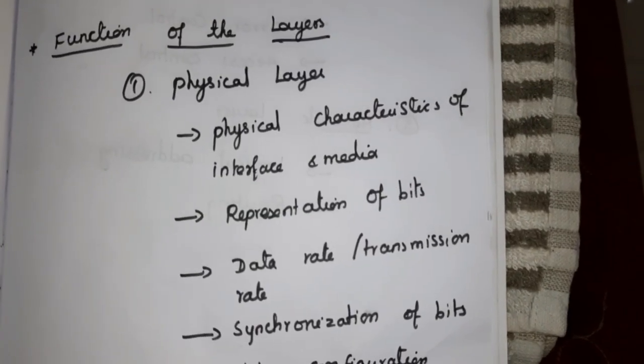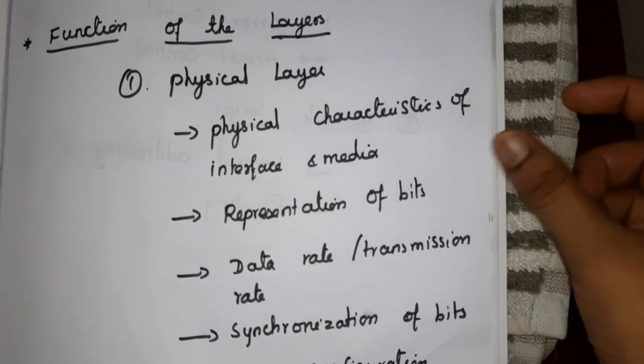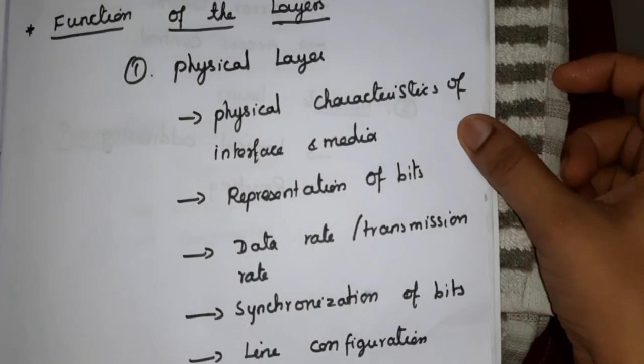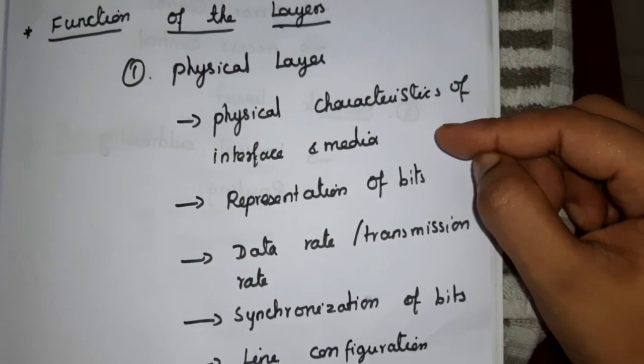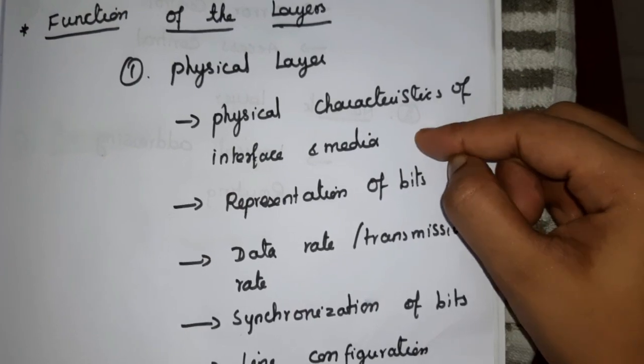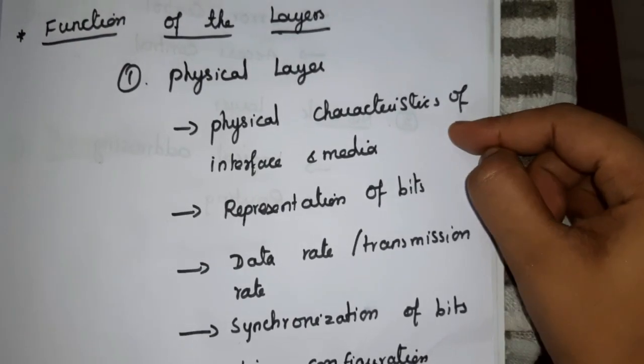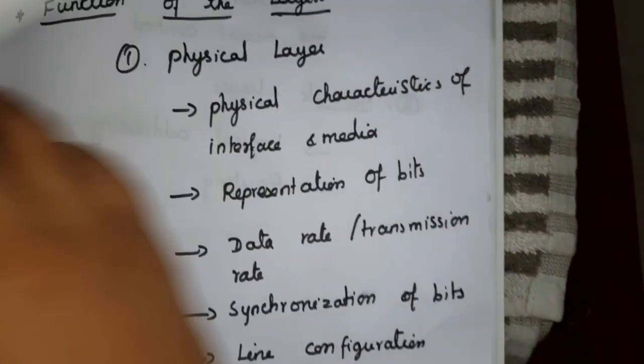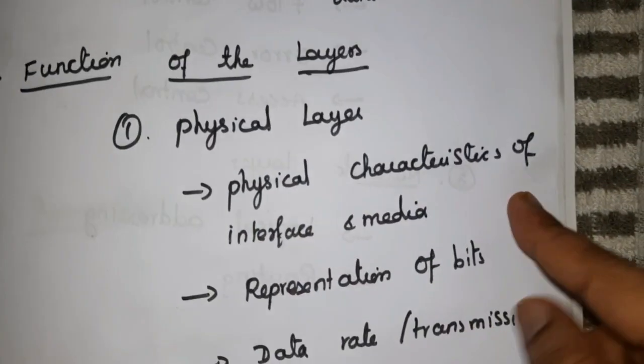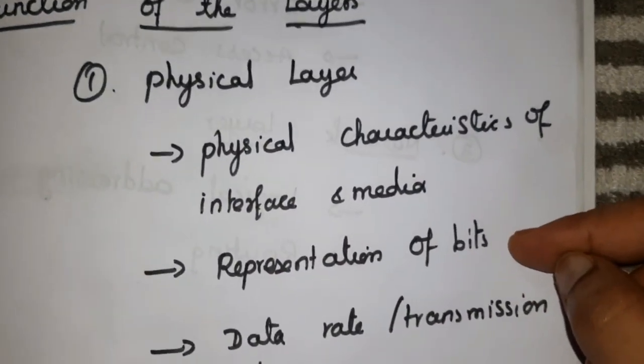Next we will see the function of each layer. The first layer is the physical layer. The function of this layer is to define the physical characteristics of interface and media. It defines the transmission medium between two devices. Next is representation of bits.